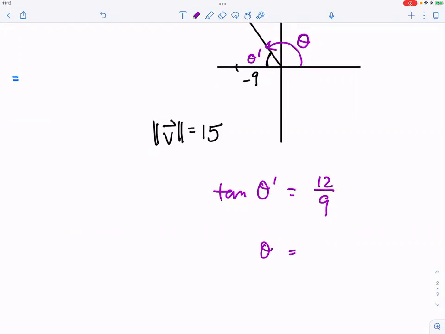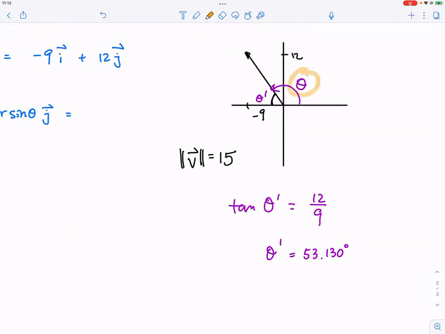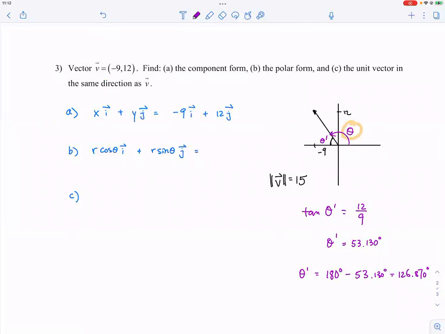If you put it into your calculator, theta prime would be an angle of 53.130 degrees. Okay, that's theta prime. All right, but you want to get the actual theta right here. So the actual theta would be 180 degrees minus 53.130 degrees, and that is 126.870 degrees. Okay, so that's how you get your theta.